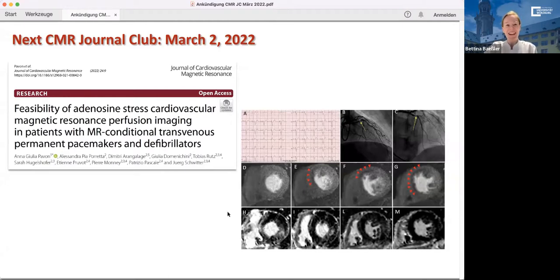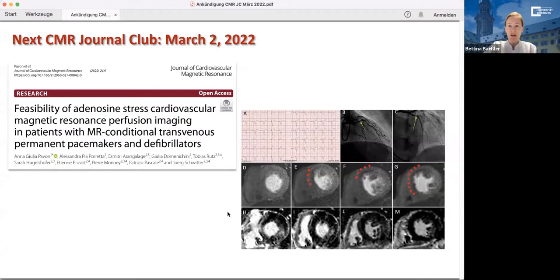So the next CMR Journal Club will be in 2 weeks on March 2nd, and we will talk about devices in general. We have a paper by the Lugano-Lausanne group from Switzerland, presented by Anna Julia Pavon, which demonstrates the feasibility of stress CMR in patients with pacemakers and defibrillators.